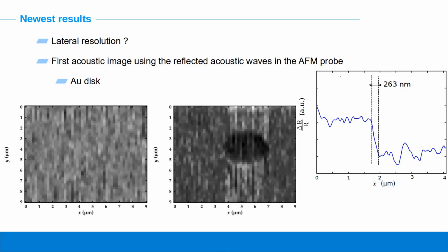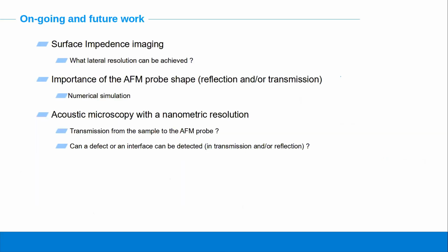But when you look at the time of the acoustic echo, you can detect some structures with a lateral resolution that is, for the moment, maybe not the best, but which is better than what you can obtain with just a laser source. And so this is ongoing work, and the question now is what kind of lateral resolution we can obtain.